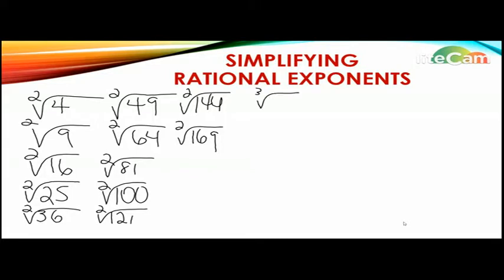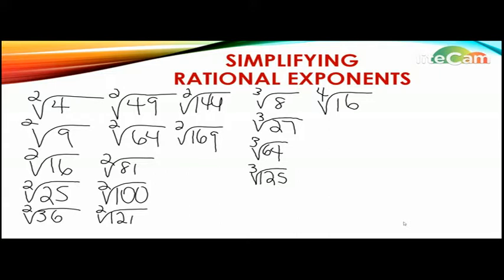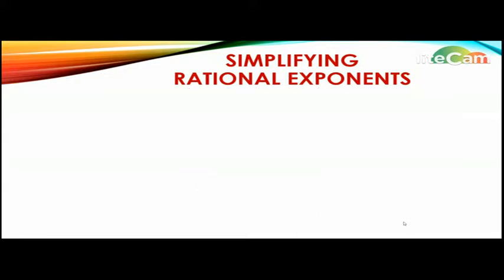We're going to stop there on the square roots. The cube roots are: cube root of 8 is 2, cube root of 27 is 3, cube root of 64 is 4, cube root of 125 is 5. The fourth root of 16 is 2. The fourth root of 81 is 3. And one more: the fifth root of 32 is, excuse me, 2.